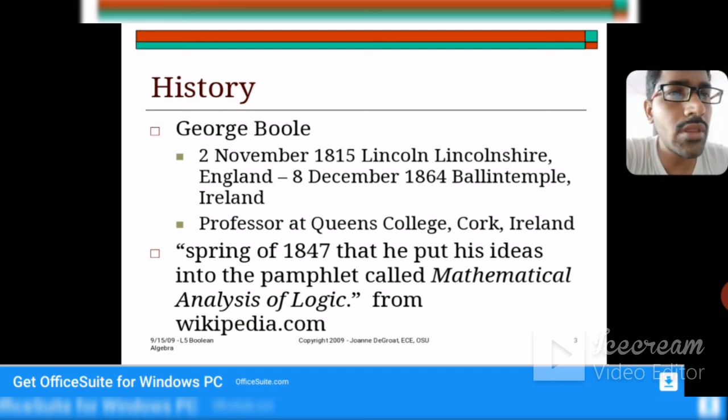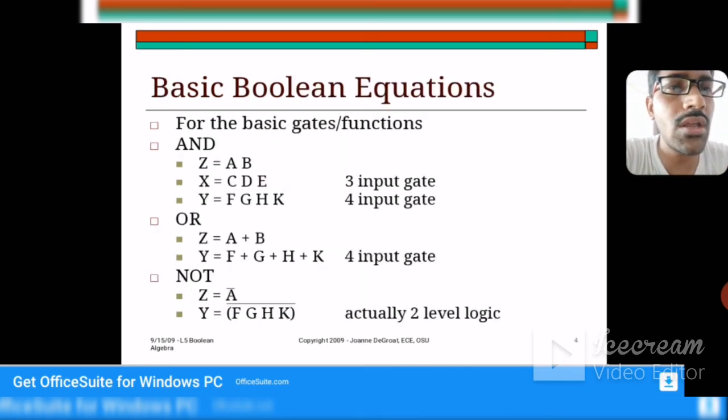He worked at a British university, first coined the term Boolean algebra and put forward his theory about it. The basic algebra: Boolean algebra equations.